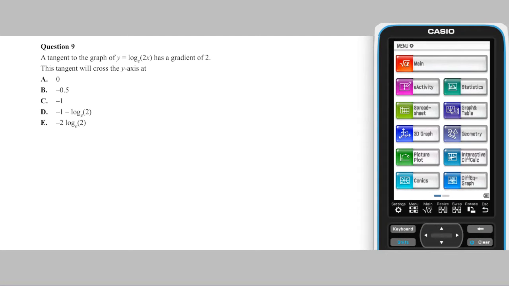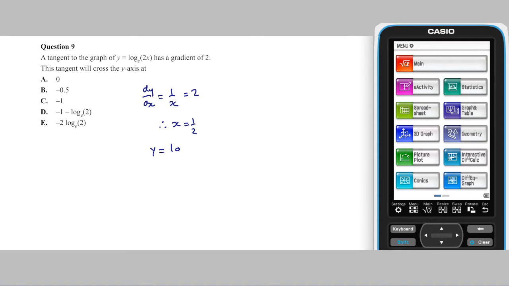Question 9. We are provided with some information about the tangent to the graph of y equals log base e of 2x. As such, the result dy/dx equals 1 on x will be useful, as this can be equated to the gradient of 2, giving us an x value of 1/2.